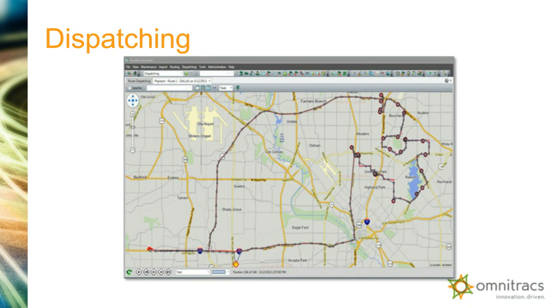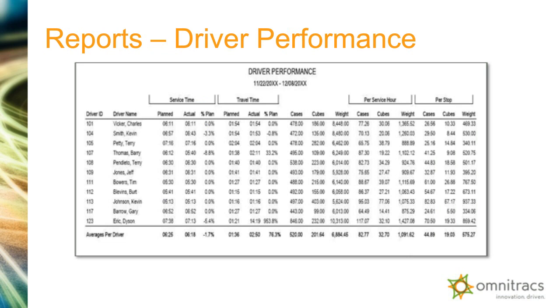Many different types of notifications are available, and it's fully configurable. And then, of course, at the end of the day, you have various reports that are geared towards more of the dispatcher or dispatch manager role, such as driver performance. These are critical for continuous improvement for the transportation organization.